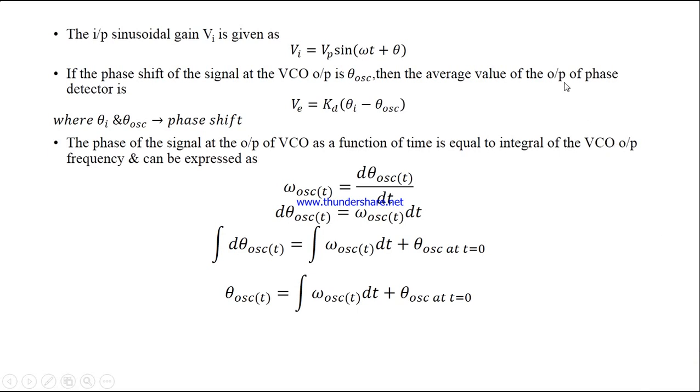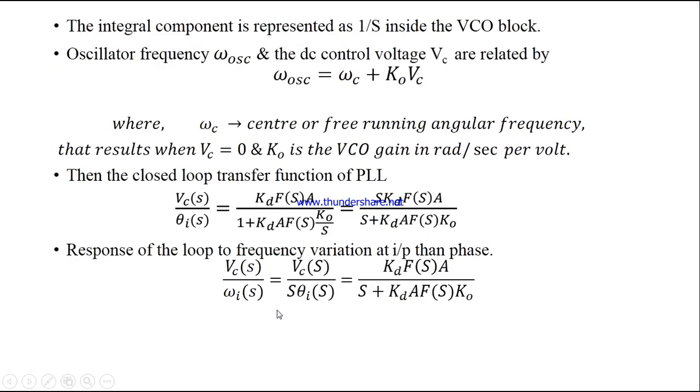Then the average value of the output of the phase detector is given by this equation, where theta I and theta OSC are the phase shifts. The phase of the signal at the output of the VCO as a function of time is equal to the integral of the VCO output frequency and can be expressed using this equation, omega OSC of t. Here we differentiate and cross multiply this equation, and equating, we get the last equation.